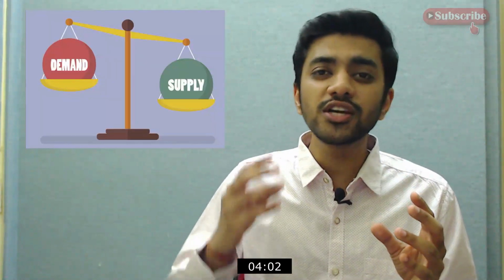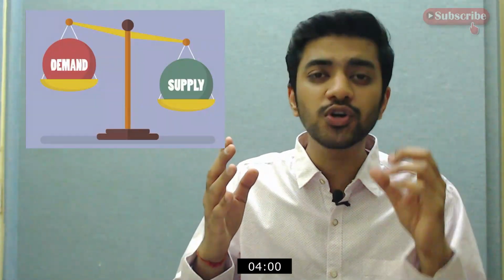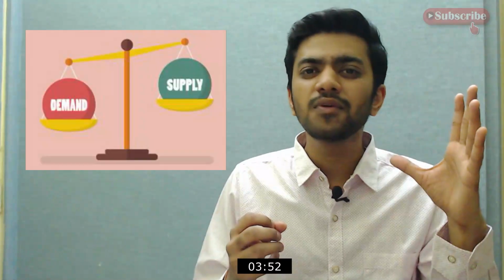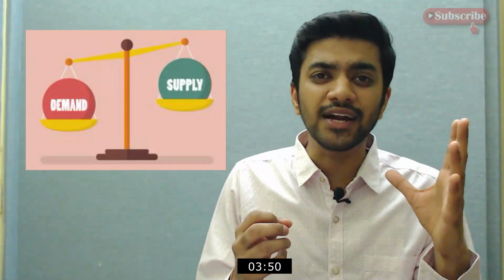For example, if the demand for sugar is more and the supply of sugar is less, simply people will be paying more for the goods because the supply is less. And if the supply is more, the product is abundant and everybody can get the product at a lower price.